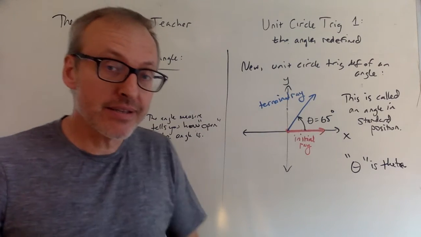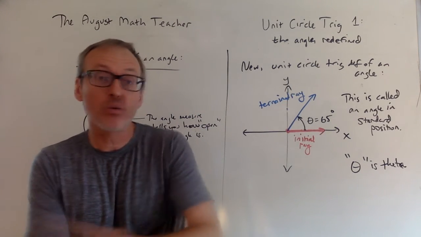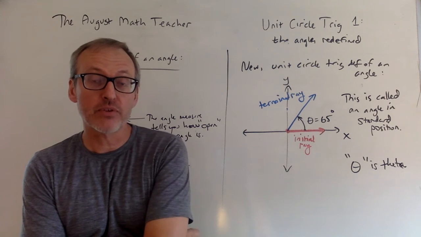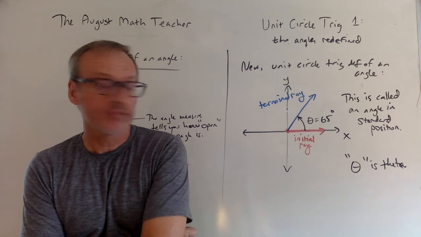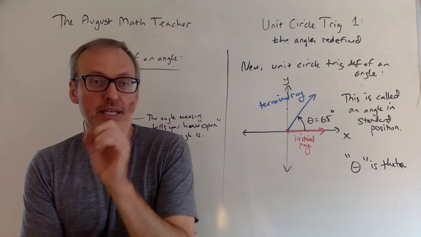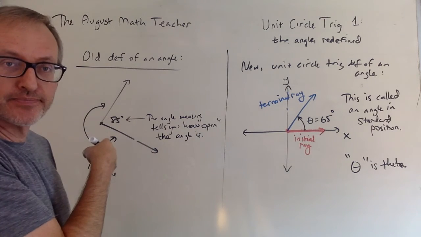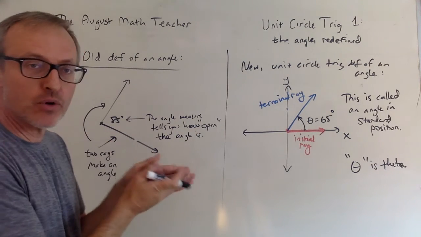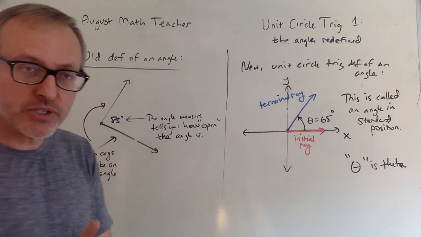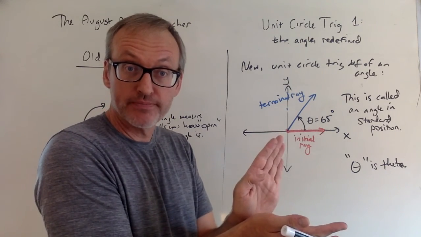And that is the standard letter that we're going to use for an unknown angle, or one that's known. Here in this case, it's 65 degrees. But you want to get used to that. And all it means is an angle measure. 65 degrees in this context is not actually just telling us how open the angle is. It's also telling us how far it has rotated from its original position.